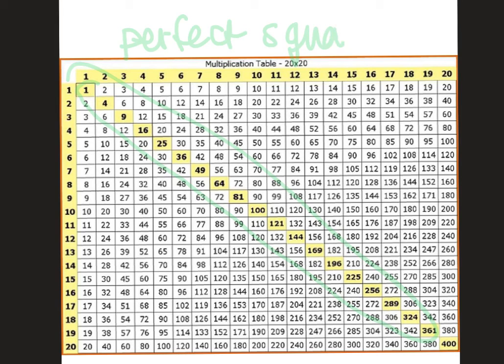And what that means is that 2 times 2 will get you 4. 7 times 7 will get you 49. The one we just had, 12 times 12 will get you 144. So the square root of 144 will get you back to 12. The square root of 49 will get you 7. The square root of 4 will get you 2.